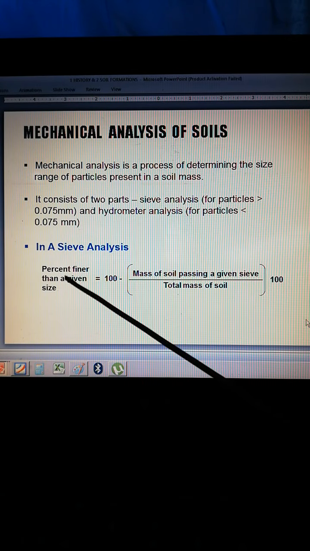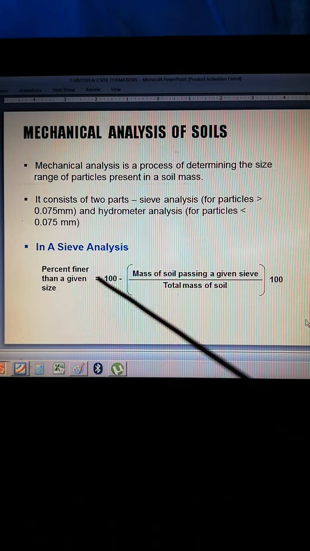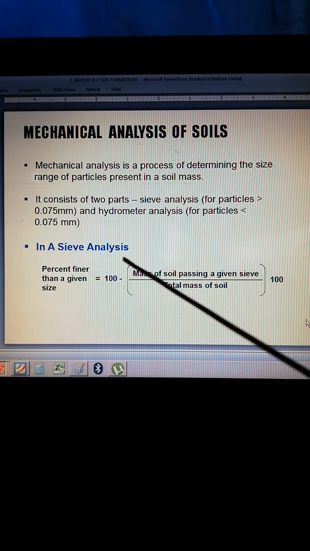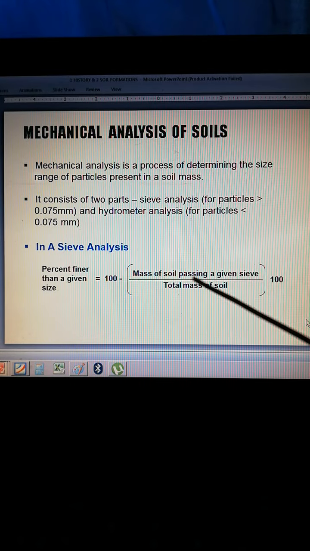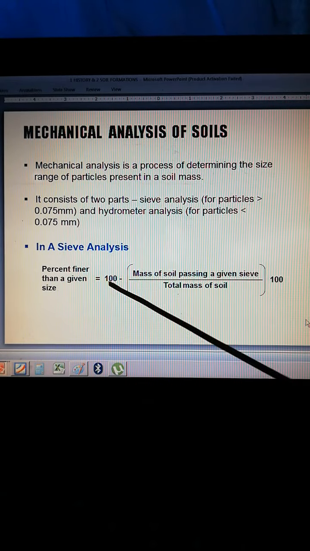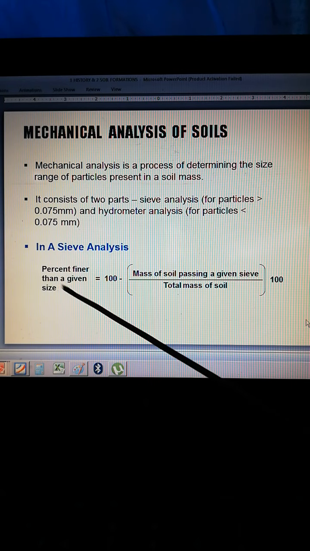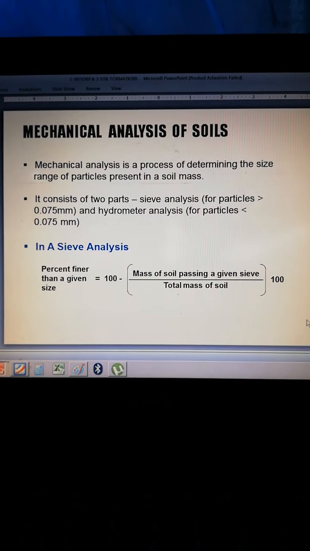If, for example, this is number 10, so percent finer or percent passing in number 10 equals 100 minus what passed through divided by the total original mass of your soil, times 100, subtract from 100%, so that would be the percent passing in number 10. Did I say 10? Number 10 sieve. So that is how you determine the percent finer or percent passing in a given sieve, in a given size.